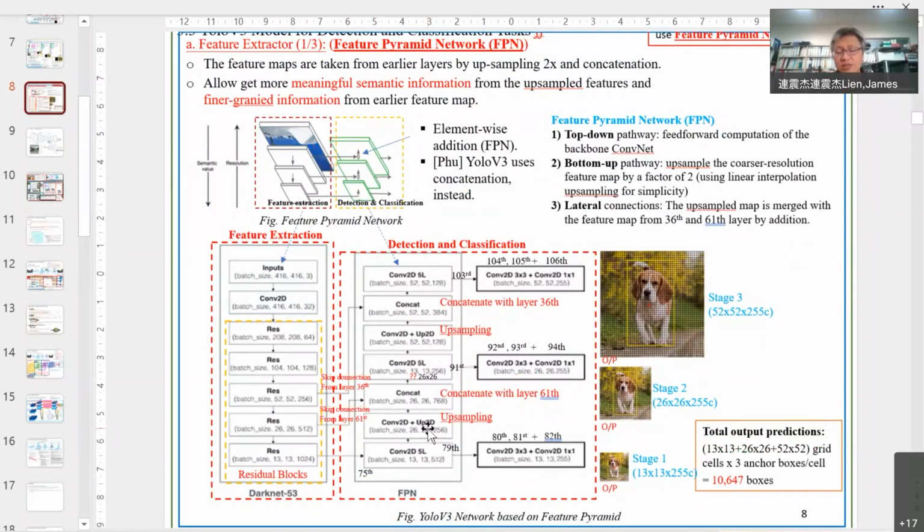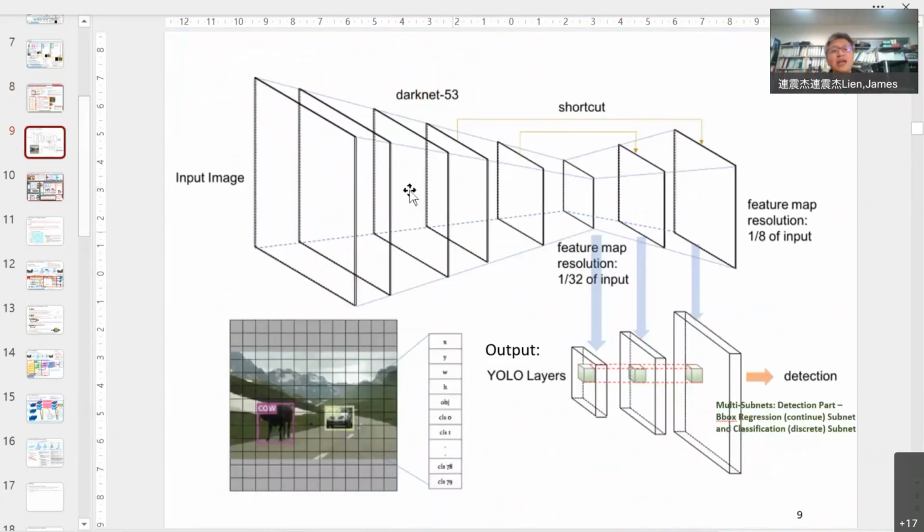But the difference is that RetinaNet has a good loss function, and YOLO V3 keeps the same loss function as YOLO V2. So we keep going. So this is the other way to talk about the same YOLO V3. So downsampling, but upsampling only 3 scales. And for each scale, they do this head loss function.